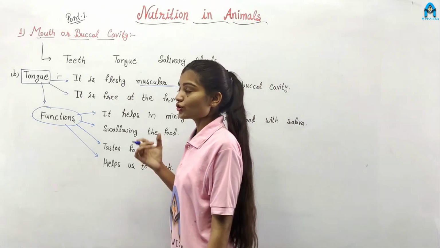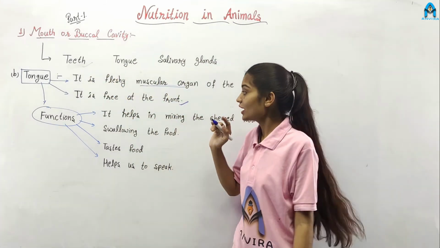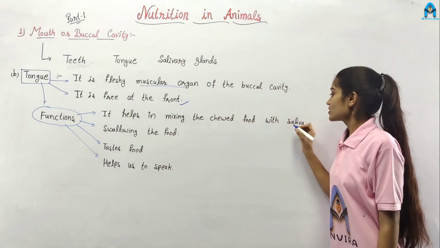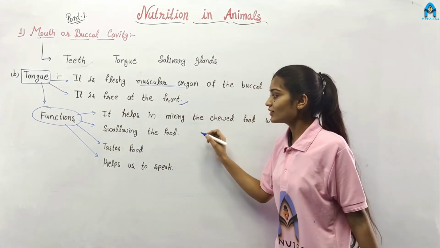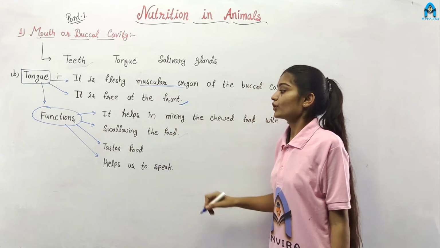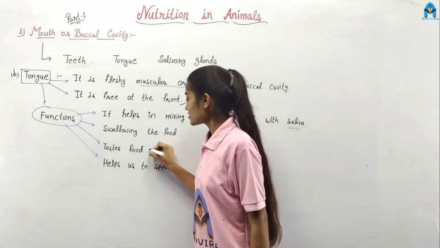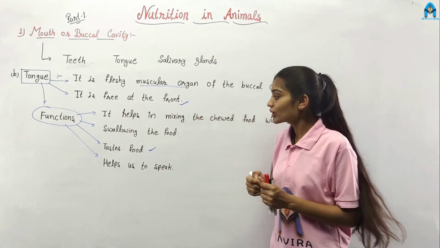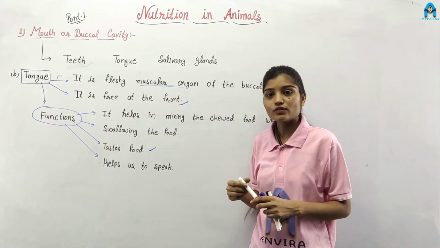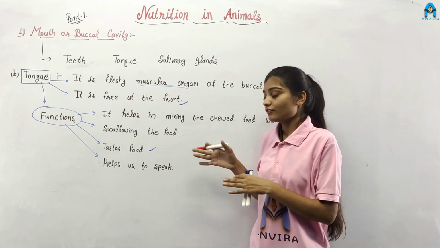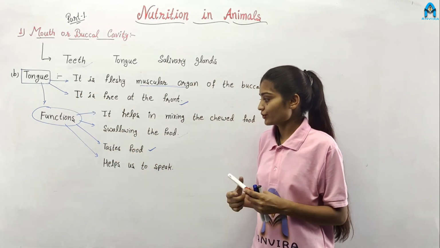And the second one is swallowing the food. Third is tasting food, because in the tongue many sense organs are present which are known as taste buds, and with the help of these taste buds the tongue tastes our food.